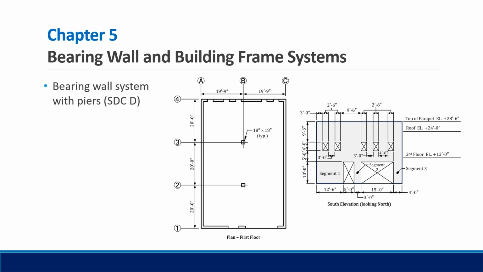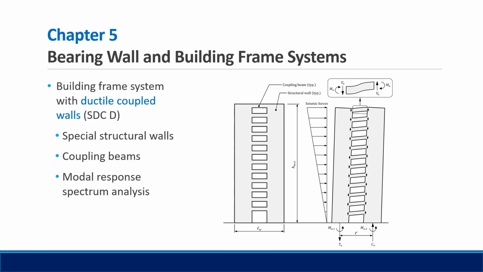The two-story building illustrated here is example 5.2 in the design guide and covers the design and detailing of a bearing wall system with piers in seismic design category D. Example 5.5 illustrates the design and detailing of a 20-story building in seismic design category D, utilizing a ductile coupled wall system, which is a new seismic force resisting system introduced in the 2019 edition of ACI 318.